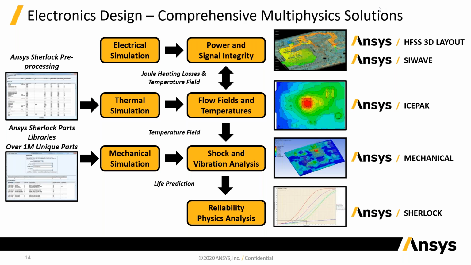So starting with ANSYS Sherlock on the left, you will start pre-processing your simulation in Sherlock. It's a very well-developed preprocessor with lots of very good and well-developed capabilities. Kind of one of its star capabilities is its parts library, which includes over 1 million unique parts.